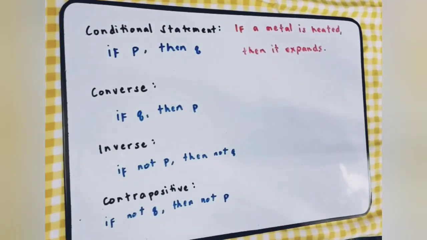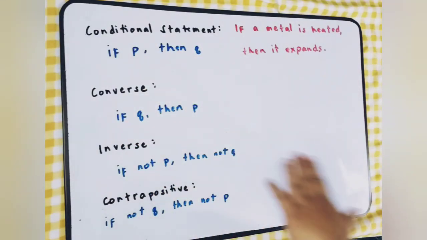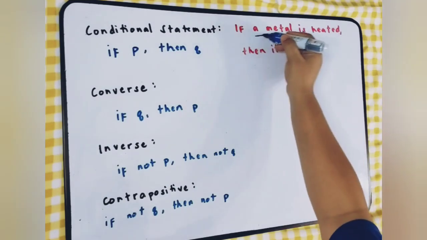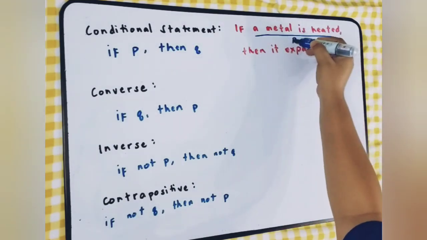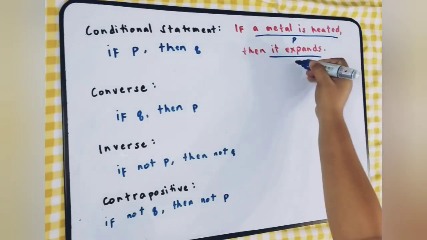The first example is: if a metal is heated, then it expands. You already know that in a conditional statement, the pattern is if P, then Q. So here, our P, or our hypothesis, is a metal is heated. Then Q is, then it expands.